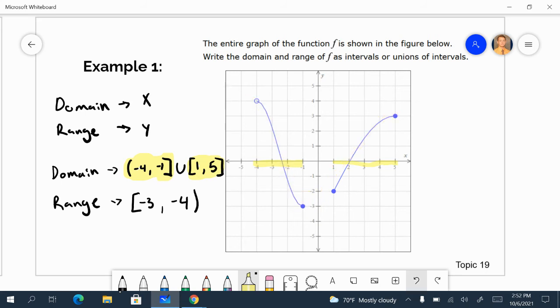Let's talk about the y values quick. The y values, if I draw this out, I see my lowest point is there. If I go all the way up to my highest point, it's up there. And yeah, this is included. That has a lower highest point and a higher lowest point. Like it's not the same as on the other side, is what I mean.